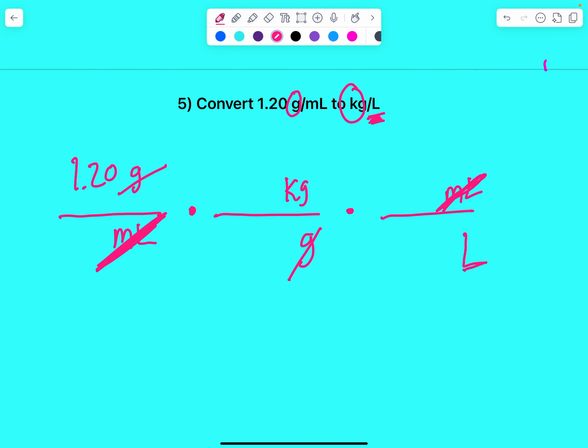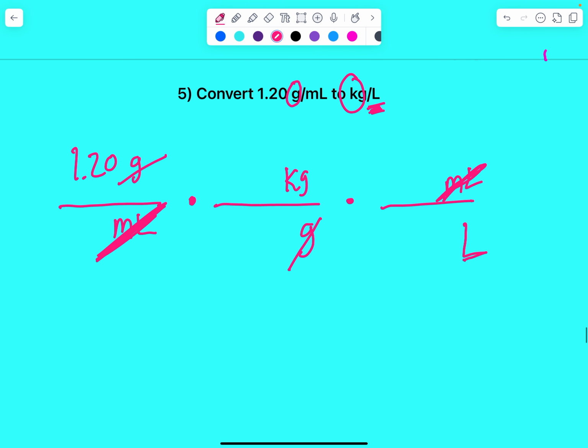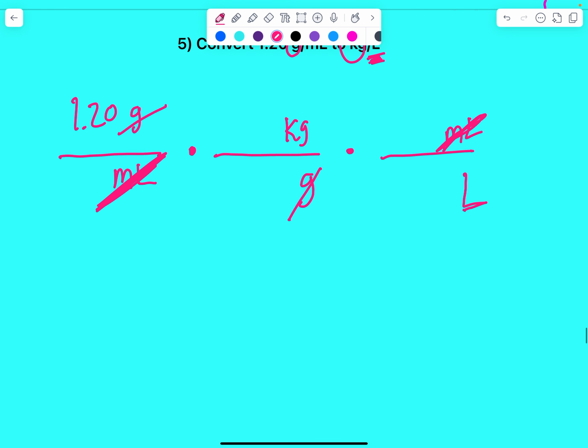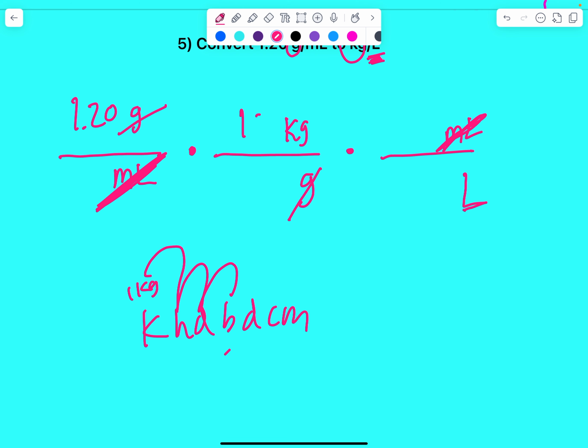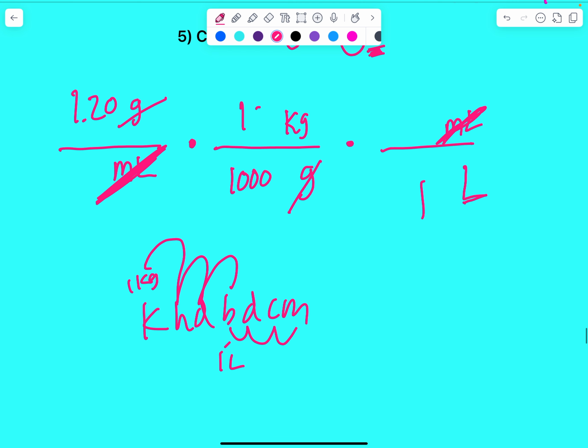So I know from the conversion rules, and also from King Henry died by drinking chocolate milk, 1 kilogram is how many grams? 1, 2, 3. So 1 kilogram is 1,000 grams. And for every 1 liter, it's 1, 2, 3, so 1,000 milliliters. Which would make sense, right?